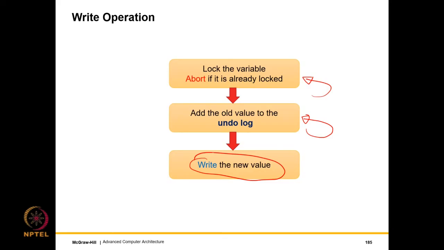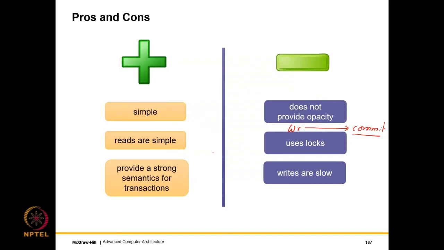Of course, for a variety of reasons, we may decide to abort at commit time, but nonetheless, its writes will be visible. All right. Because its writes will be visible, an aborted transaction may not see a consistent state, and that will cause trouble. This is why this algorithm does not provide opacity.